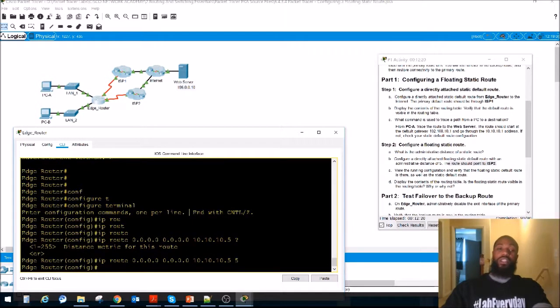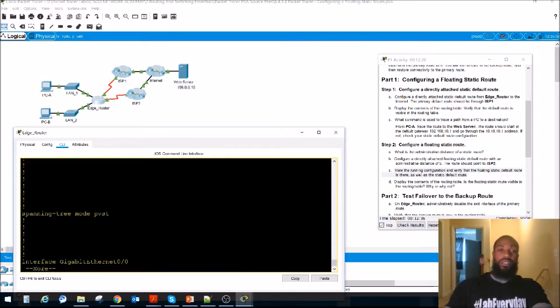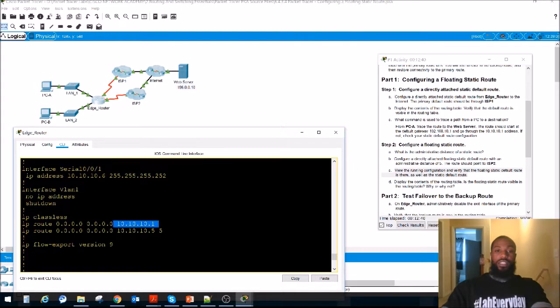So now let's take a look at our routing table before we do anything, right? View the, well, let's see. So here it says, view the running configuration and verify that the floating static route is there as well as the static route. So we do show run, right? And there's our static route, right? And this is the floating static route, right?